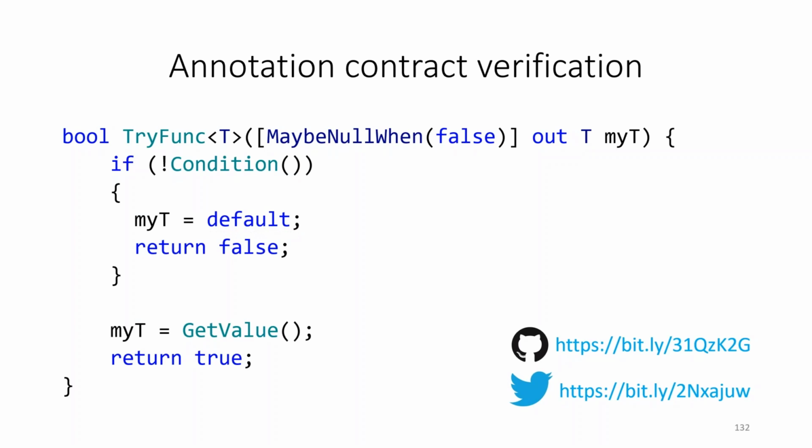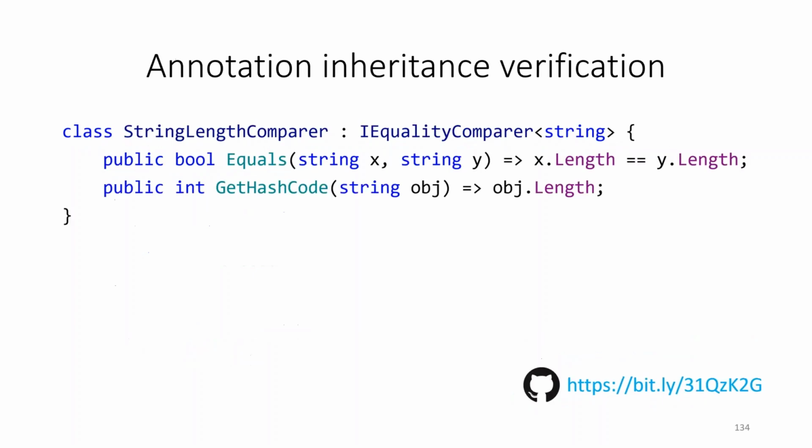And now, not only does the compiler inspect this attribute and tell that it's fine, but it also inspects the body of this function, and it will warn you if the contract is broken. For example, if I return true with default state in my out parameter. So again, there are fewer false warnings in your code, and it becomes safer.